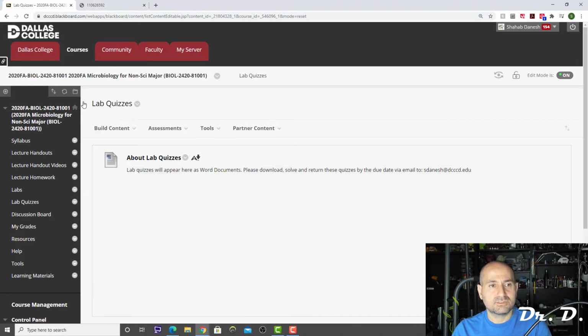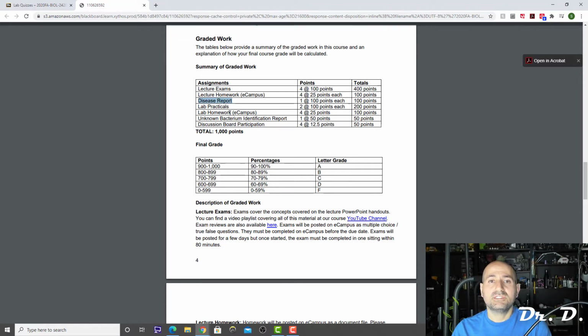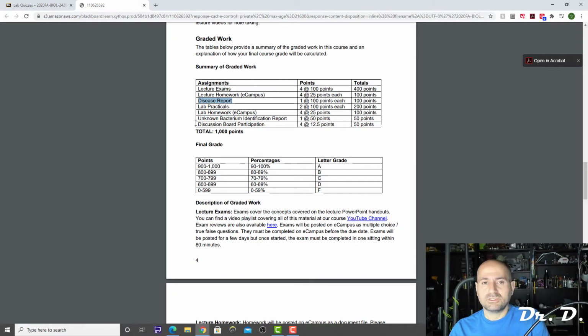What else? Let's continue on. A disease report. Later in the semester, you're going to be assigned a disease report, probably covering COVID. I may have you write a report on COVID-19 so that we can learn more about this pandemic disease-causing agent. Okay.